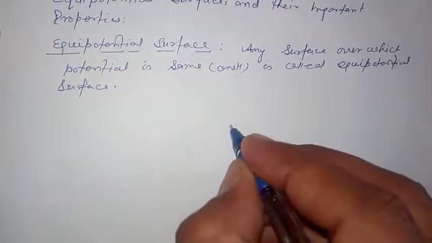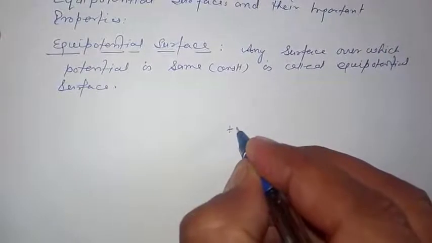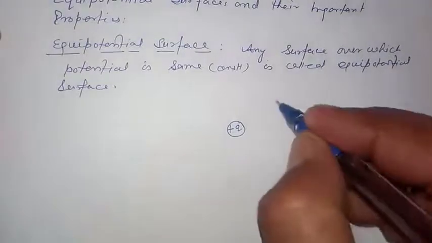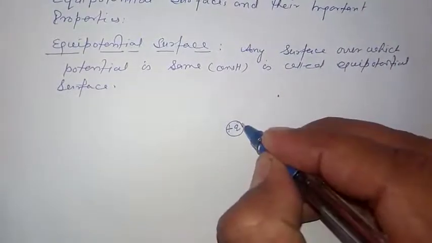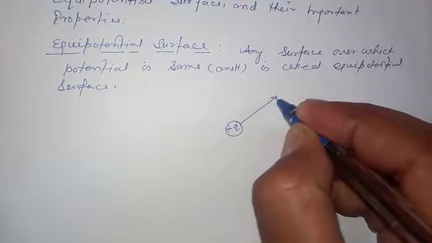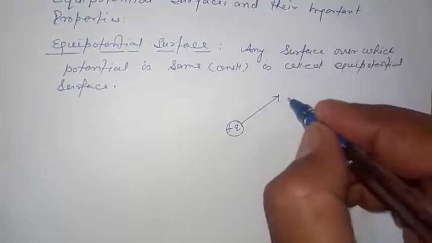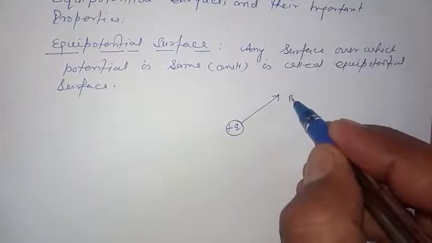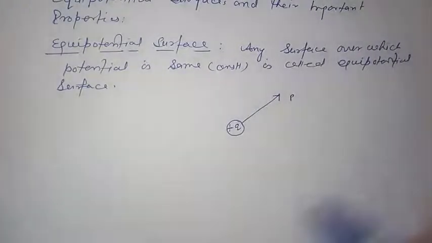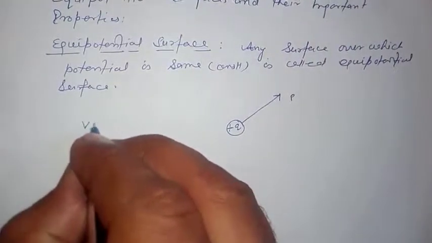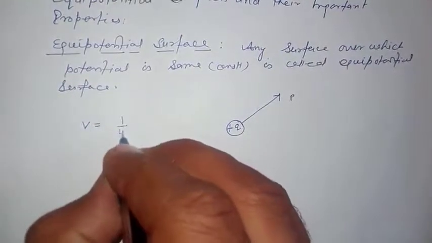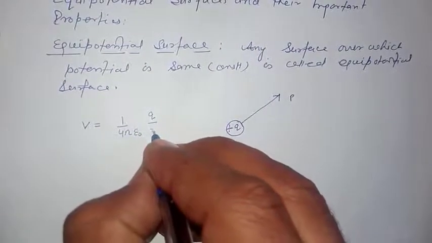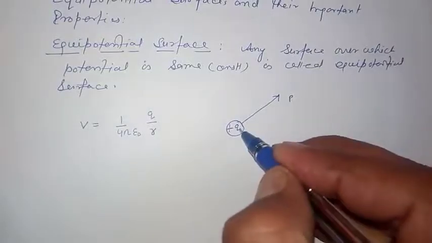So if you have a positive charge here, this positive charge will have a potential in its field. Let the point be P. At point P, the potential due to this positive charge is 1 upon 4 pi epsilon 0 times q upon the distance between the source and the observation point.